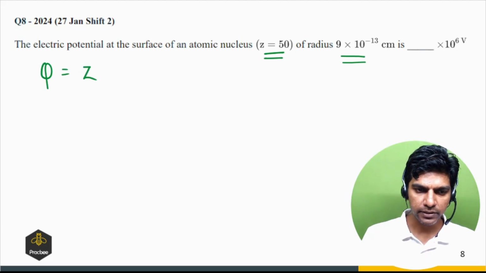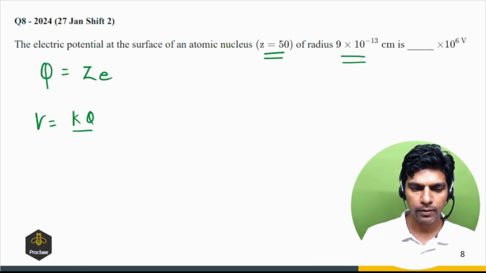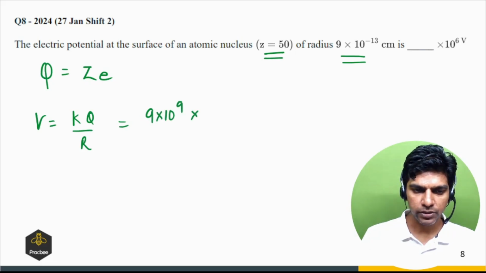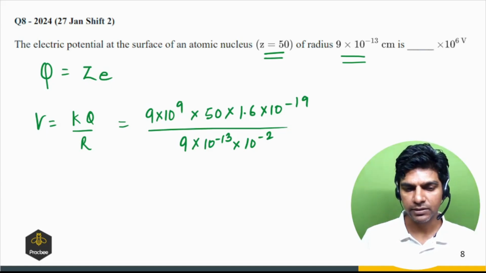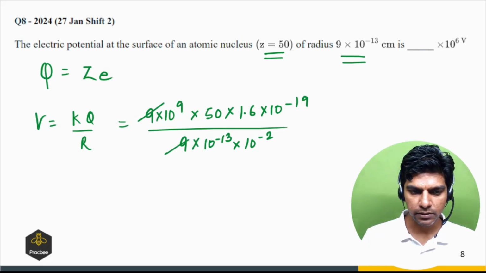That will be Z times E, and electric potential will be KQ by R, and this will be 9 into 10 raised to power 9, and the charge will be 50 times 1.6 into 10 raised to power minus 19 divided by R, and R will be 9 into 10 raised to power minus 13 centimeters, so 10 raised to power minus 2. So now we have everything in SI units, so this 9 will get cancelled out.